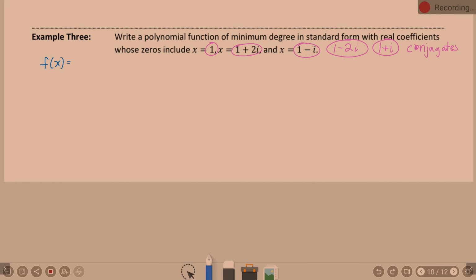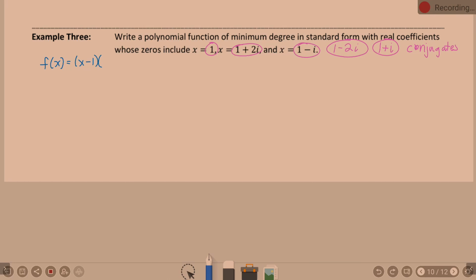Okay, so 1 is going to be x minus 1. Now, I am going to put my conjugates next to each other. That's important. You don't want to try and multiply the 1 plus 2i and the 1 minus i. No. Put your conjugates together.